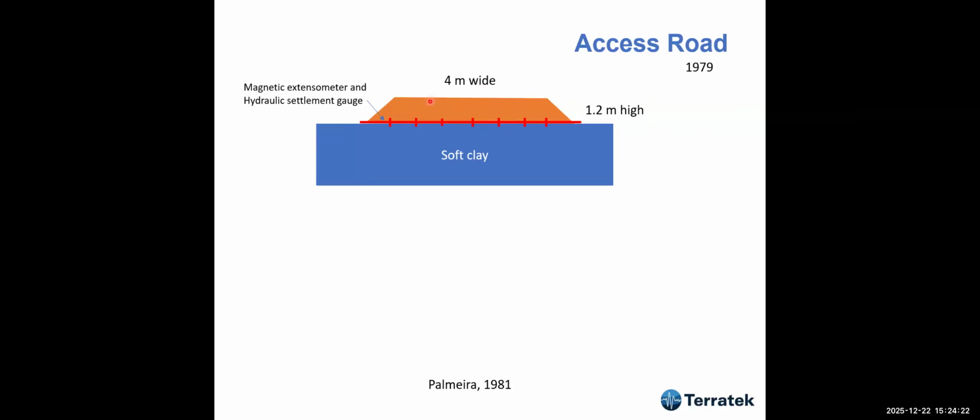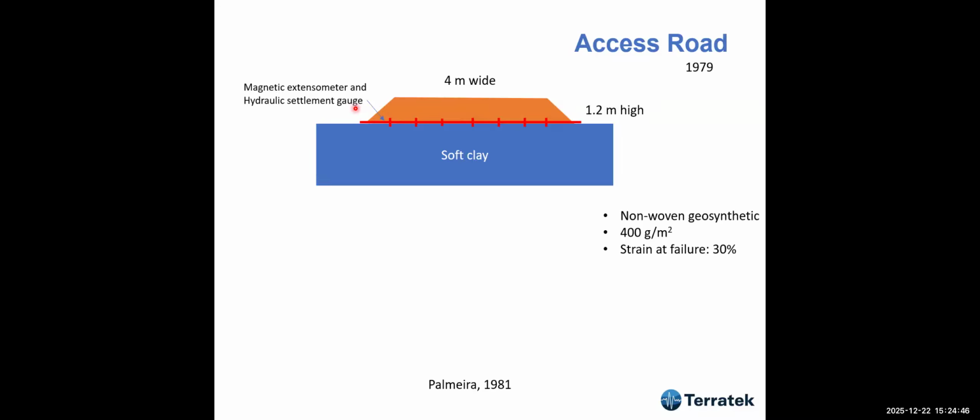So this access road was about 1.2 meters high, 4 meters wide, with the geosynthetic at the base. And we have a magnetic extensometer and a hydraulic settlement gauge that Enio and I designed to measure settlements, okay? And we used the non-woven geosynthetic given to us.